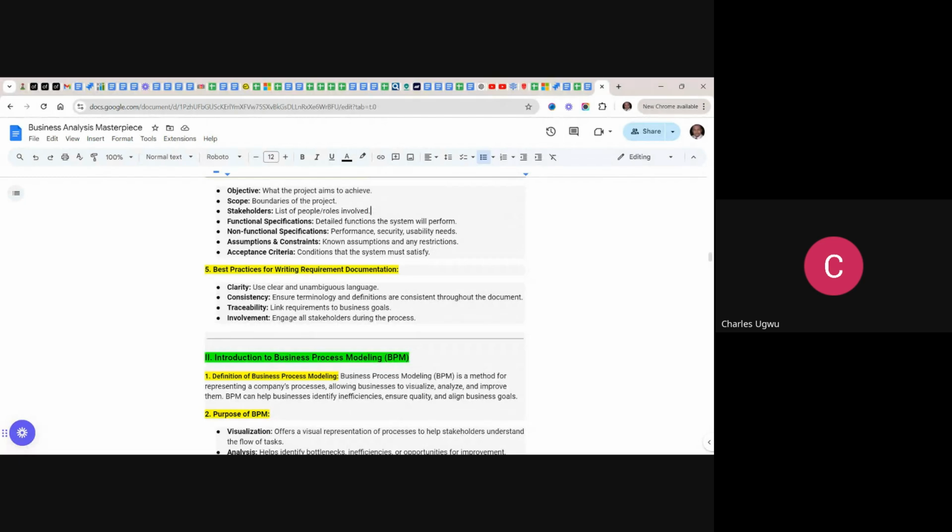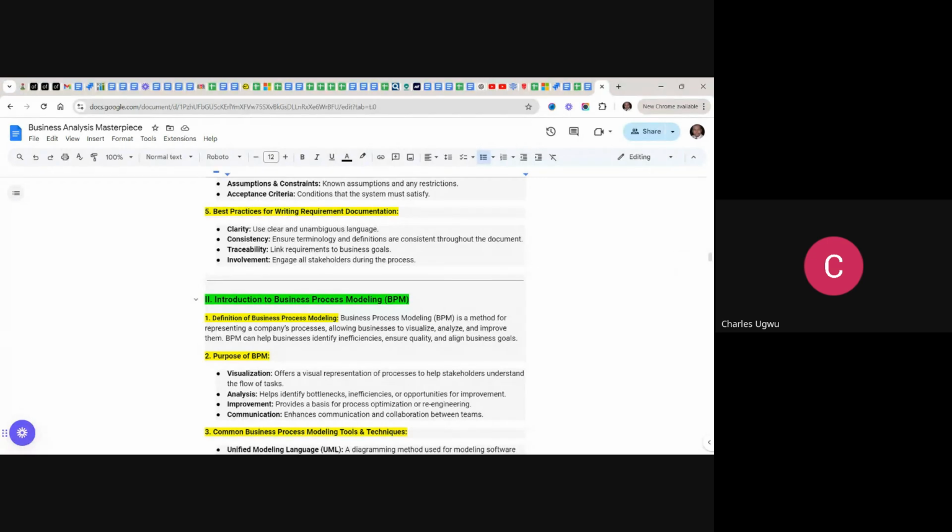As part of the requirement documentation, it is key to model some of the processes that need to be modeled. That is where process modeling comes in.